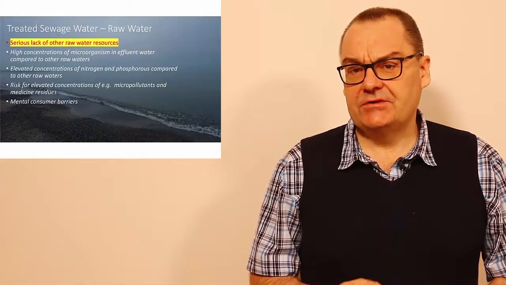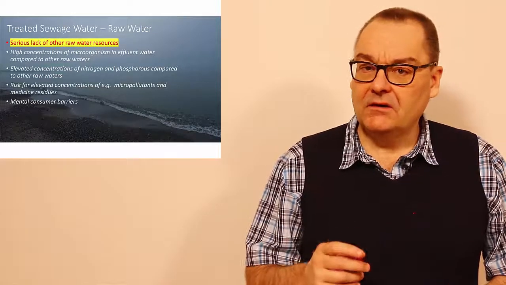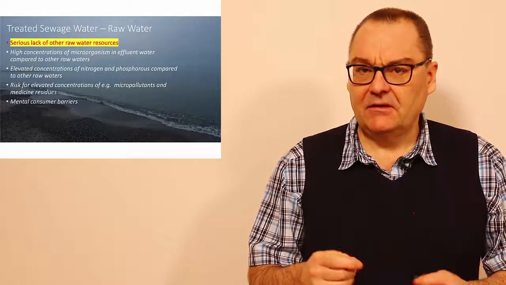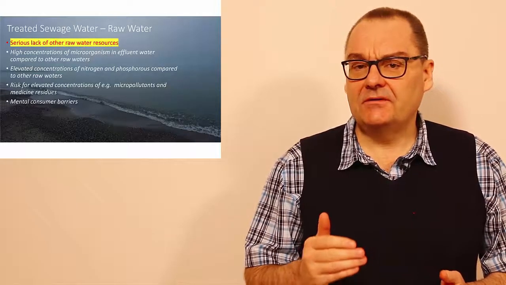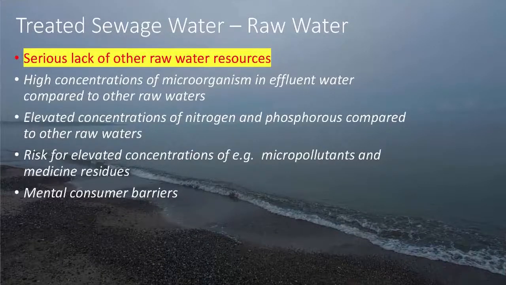Treated sewage water as a raw water source for drinking water. What are the challenges in that? Let's have a look at these checkpoints, so to speak. First, as I said, you need to encounter a serious lack of raw water sources, groundwater, surface water, before you start looking at sewage water, of course.